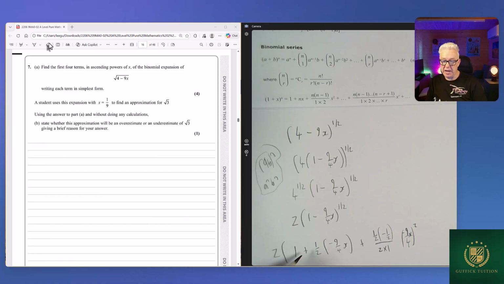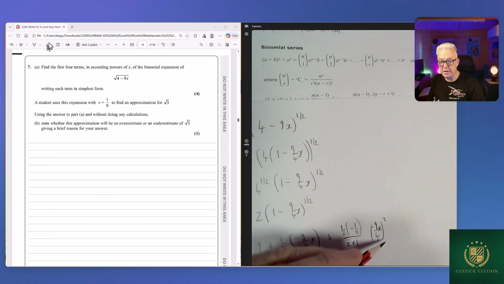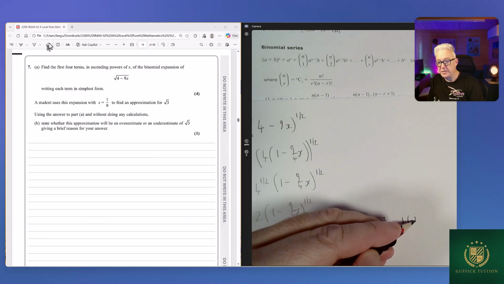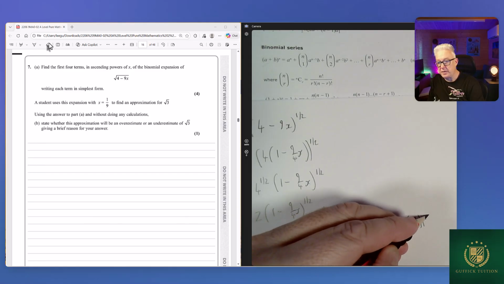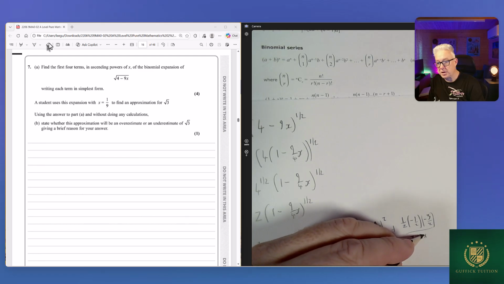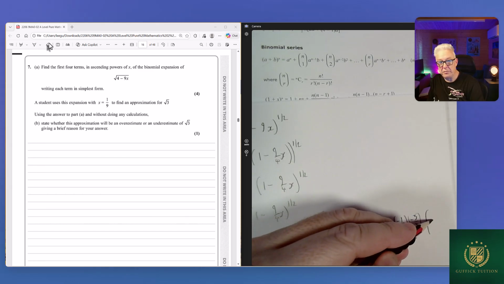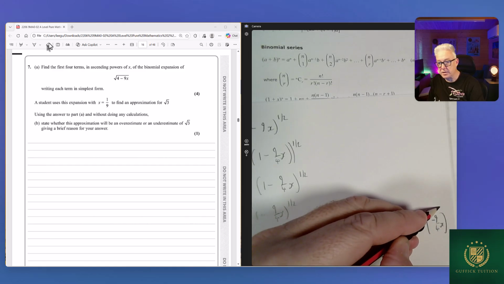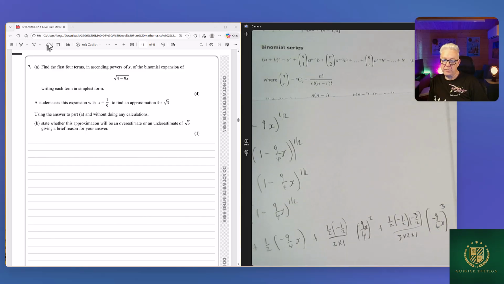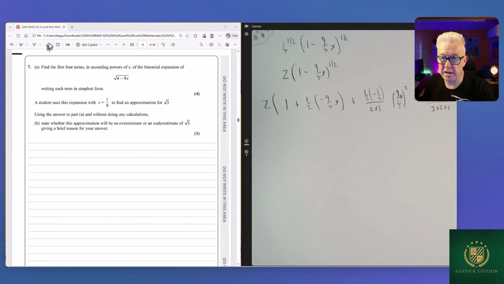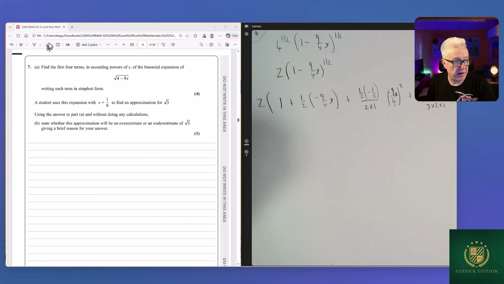And then finally, the last one is going to be n times n minus 1 times n minus 2, which is going to be a half times minus a half times minus 3 over 2, all over 3 times 2 times 1, and then we're going to have minus 9 over 4x, and that's going to be cubed because the last term was squared. So now we just need to work out what all of these individual terms are and then simplify them.